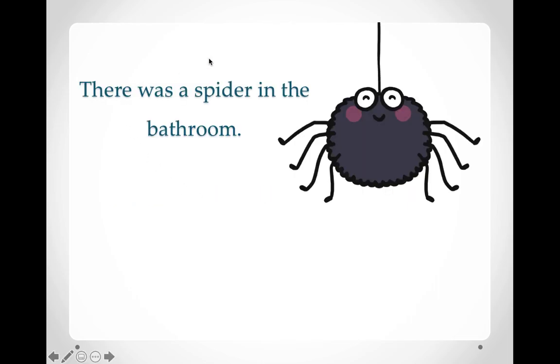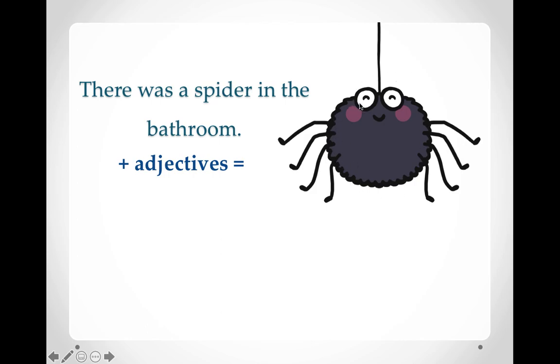So this is a sentence. We are going to read the sentence and then I want to see if you can add your own adjectives, your own describing words. There was a spider in the bathroom. Now, if I add adjectives, can you think of what the spider looks like?